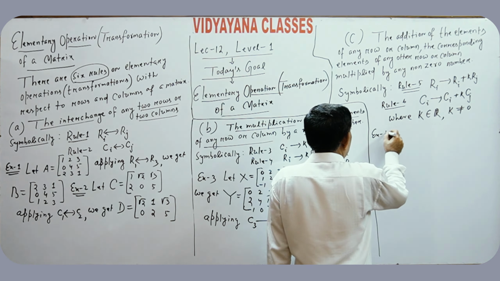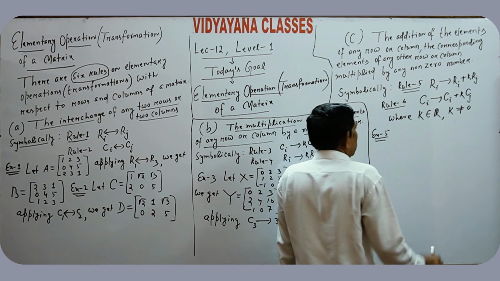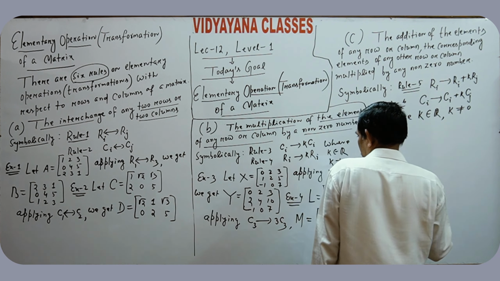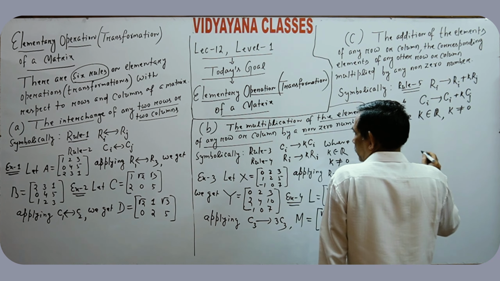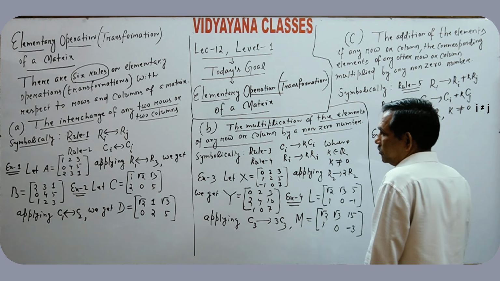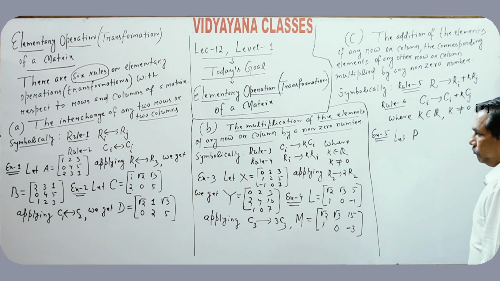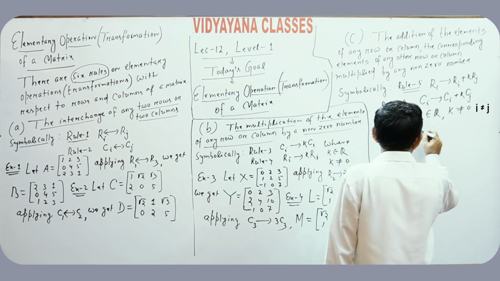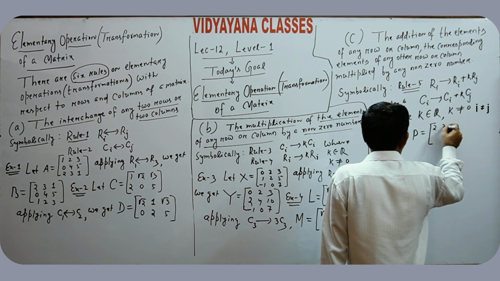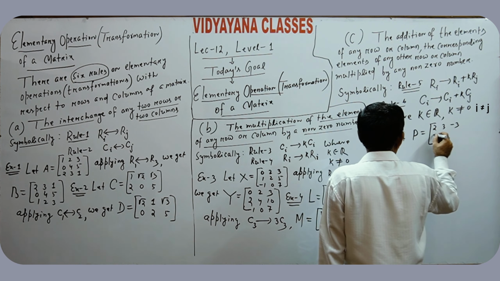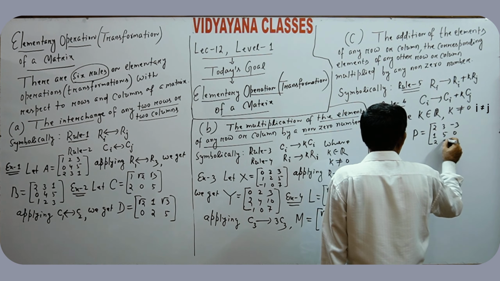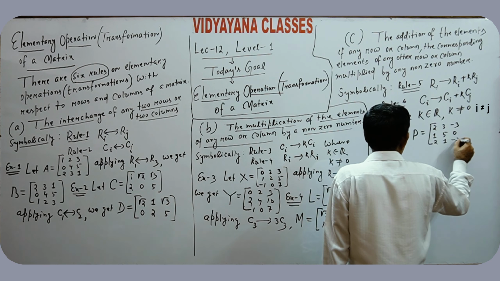Example 5, let P be a matrix having elements 2, 3, minus 3, 1, 5, 0, 2, 1, minus 2.